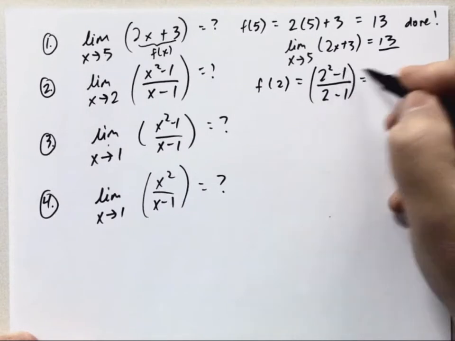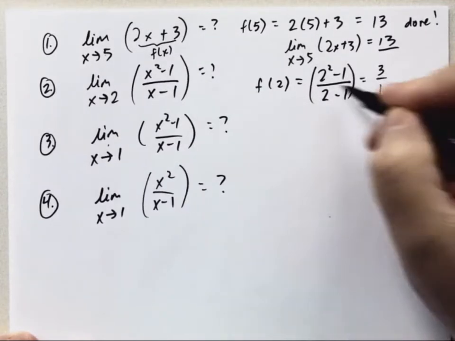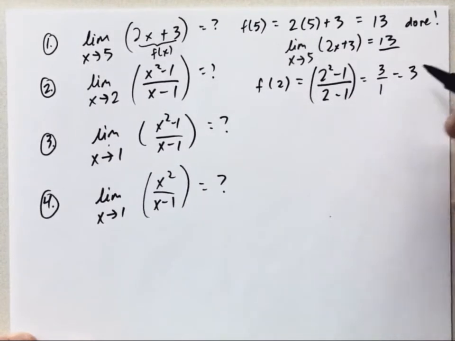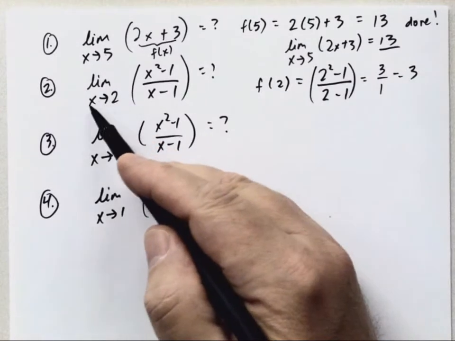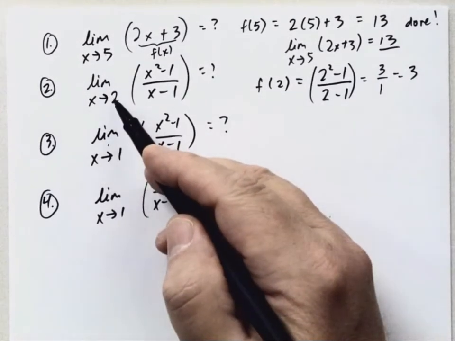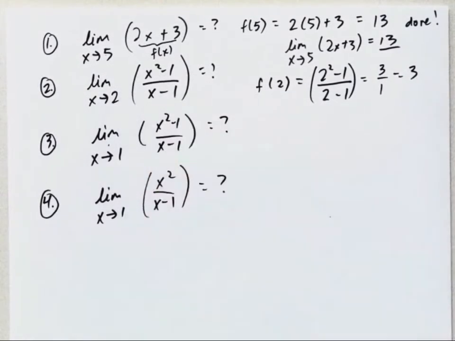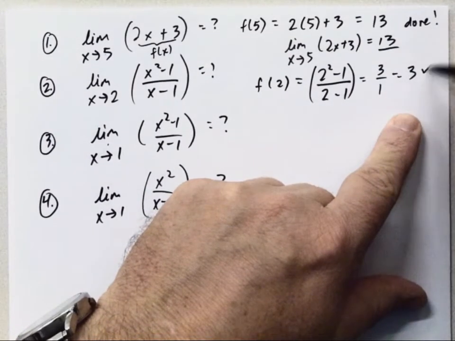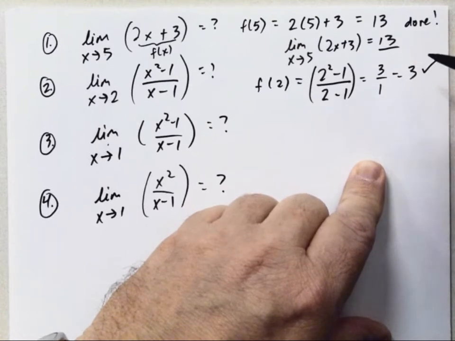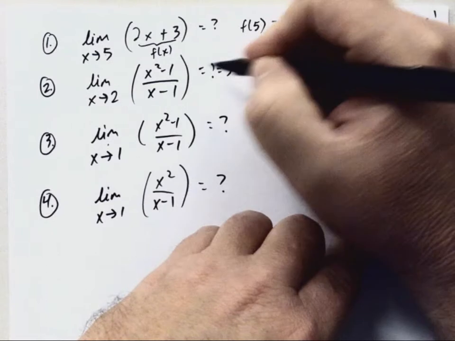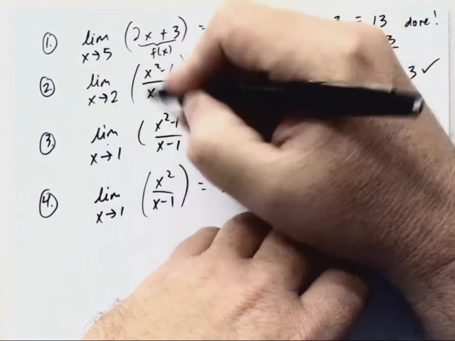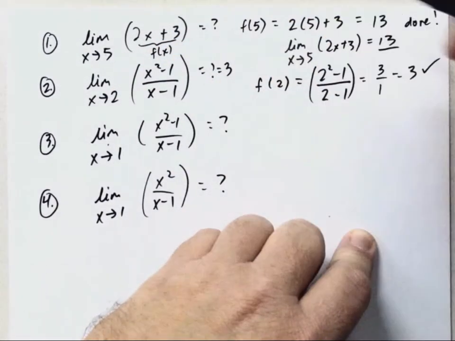So what is this? 4 minus 1 is 3. Once again, you plug in this number for x. Whatever x is approaching, you plug the number into the function. If you get a number, once again, that's your answer. So I could say the limit as x approaches 2 of this expression is 3.